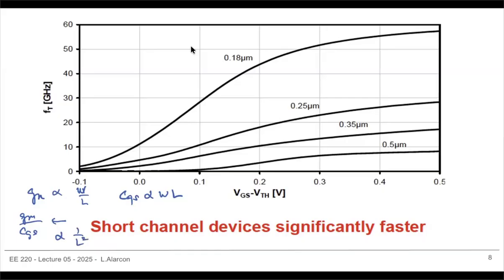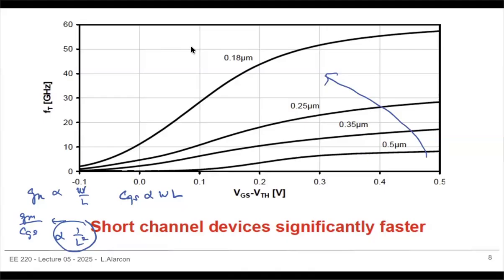The reason why you want to continue reducing your length is because you get significant improvements in your FT, because now approximately FT is going to be proportional to 1 over L squared. And as you can see here, you can start increasing that to get higher and higher FTs.